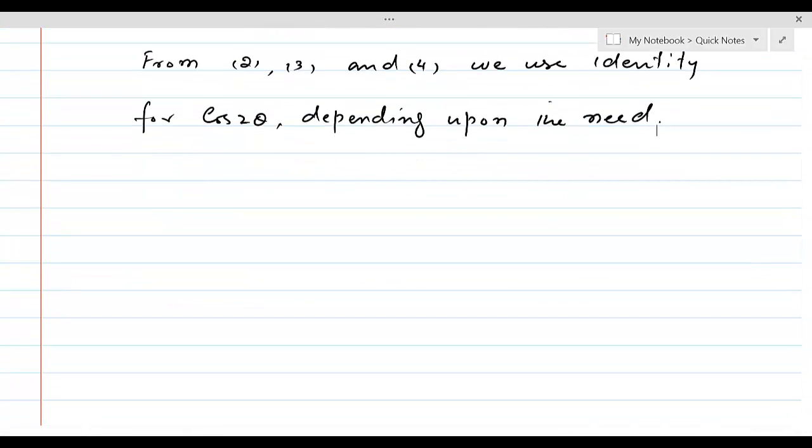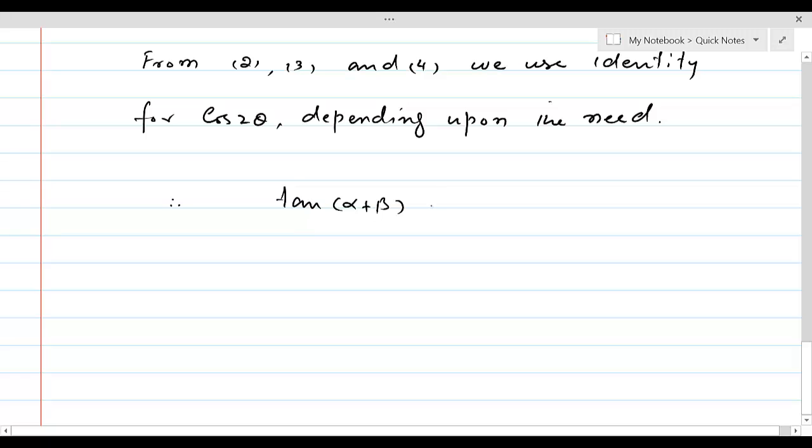Now let's get to tan 2 theta, that is another double angle identity for tan. Since tan alpha plus beta is equal to tan alpha plus tan beta over 1 minus tan alpha into tan beta. So if this time we put alpha equal to beta, and for both of them we put value theta.